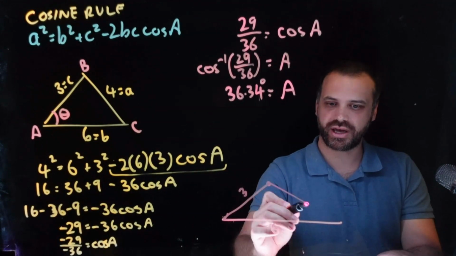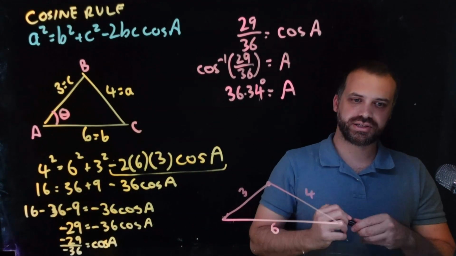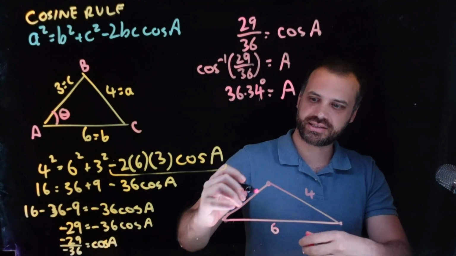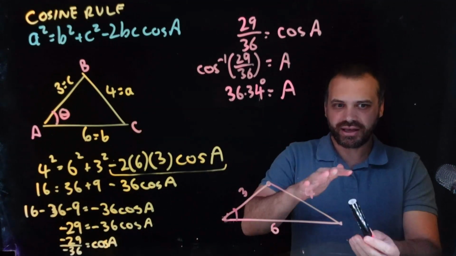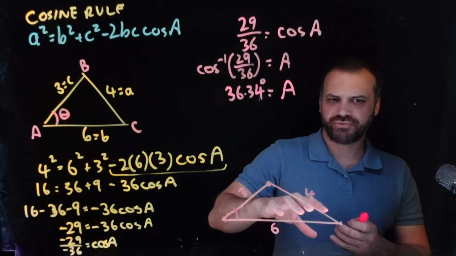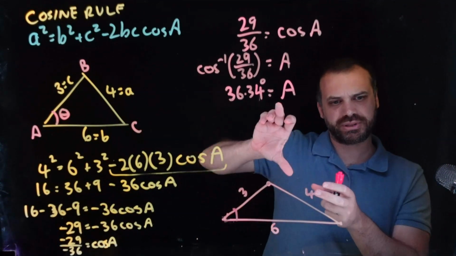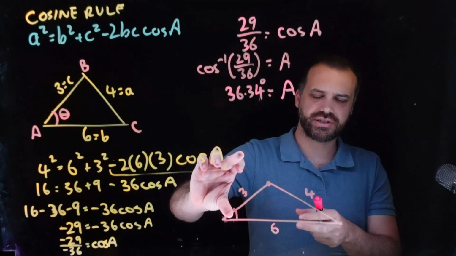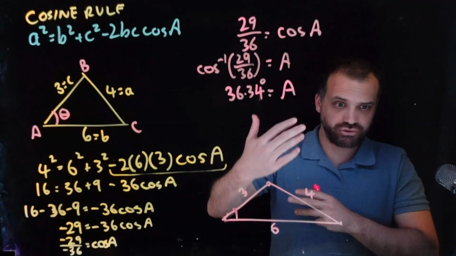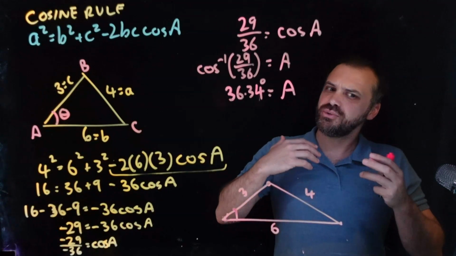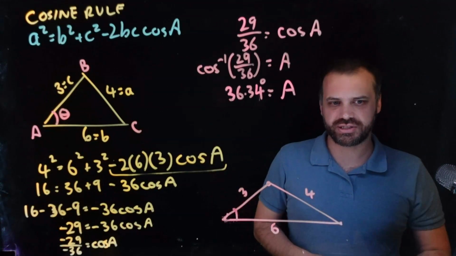And then draw that in. And ask yourself, if that's 6, and that's about 36 degrees, does that look like it's about 4? And that feels right. If the angle was larger, if it was like 60 degrees or something like that, that length is starting to get way too big to be 4. My triangle's broken. So doing a little double check at the end to see if things make sense.